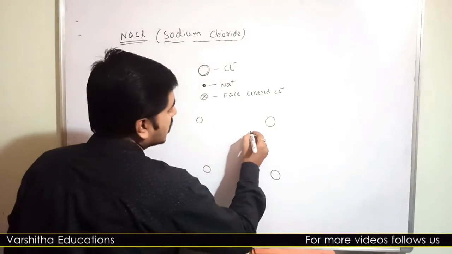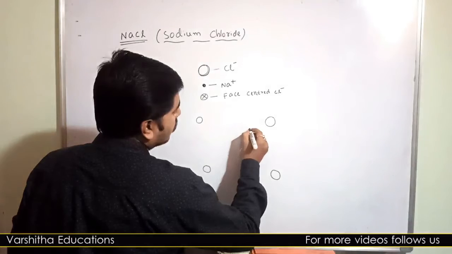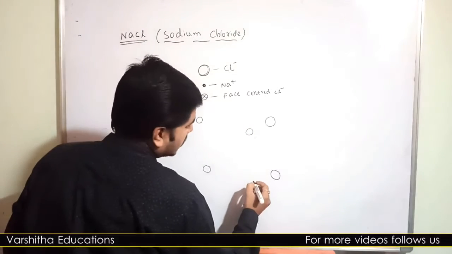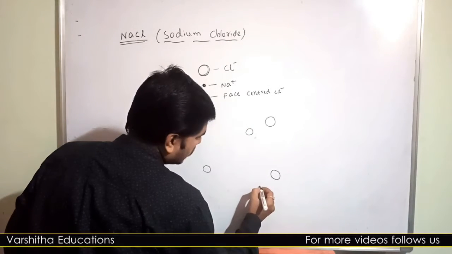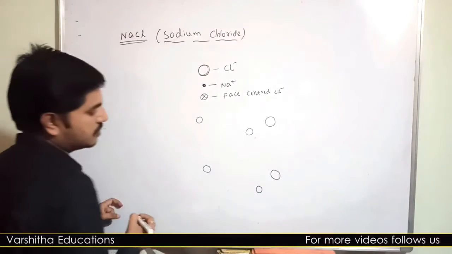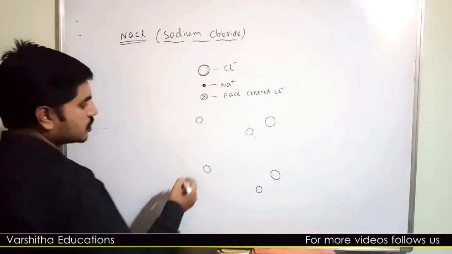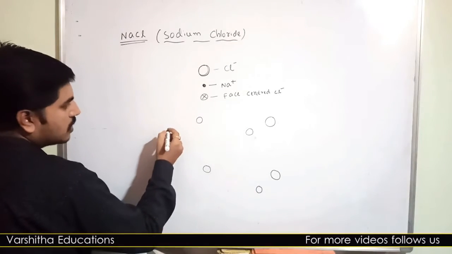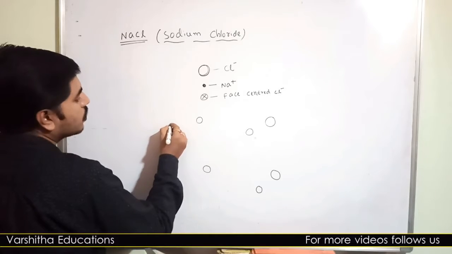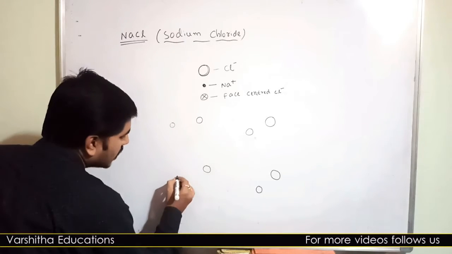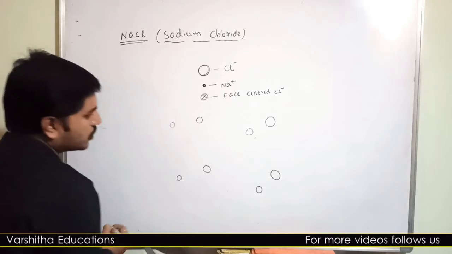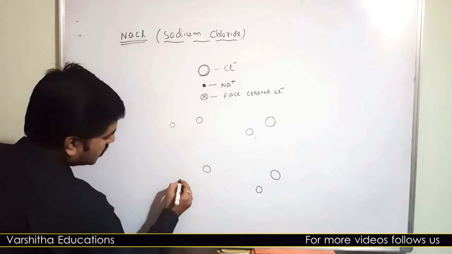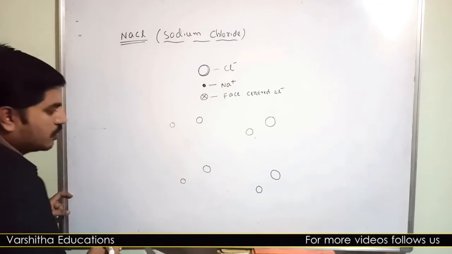Next, I am going to draw one more circle here, and one more circle here. Then at equal height, I draw one more circle here and one more here. You can take them somewhat small.